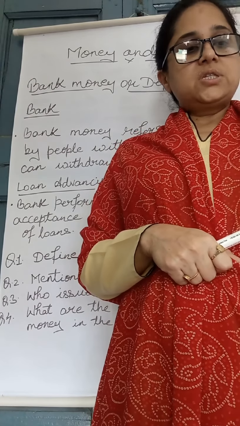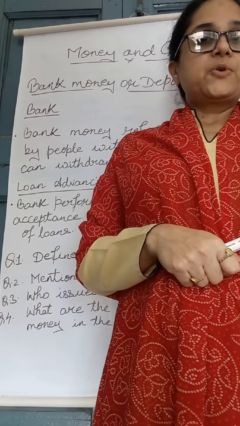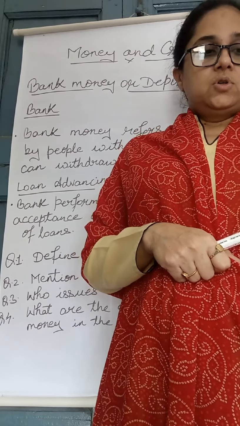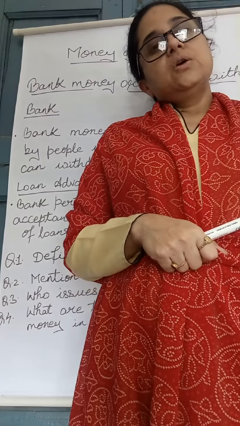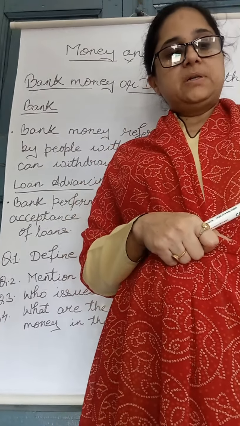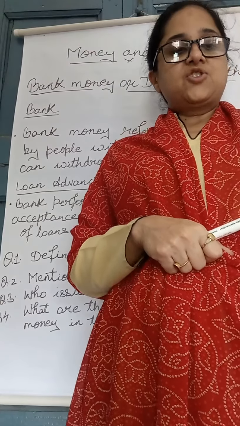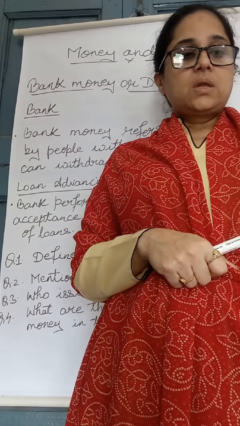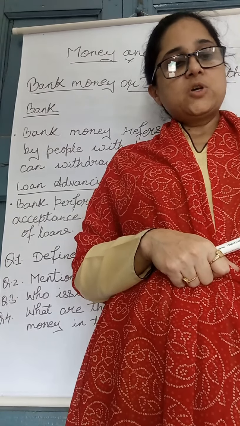It is interesting to understand the procedure and mechanisms of loan activities of banks. We know that people deposit their surplus cash money with the banks. This we call bank deposits.